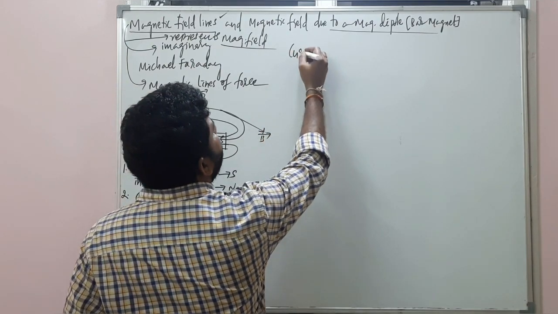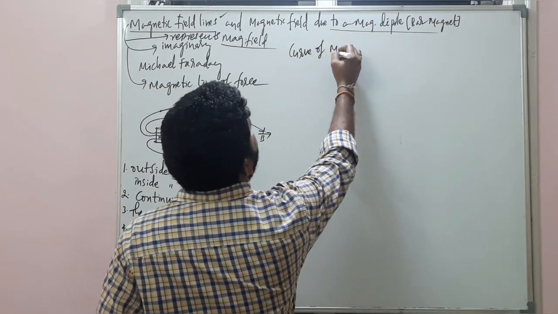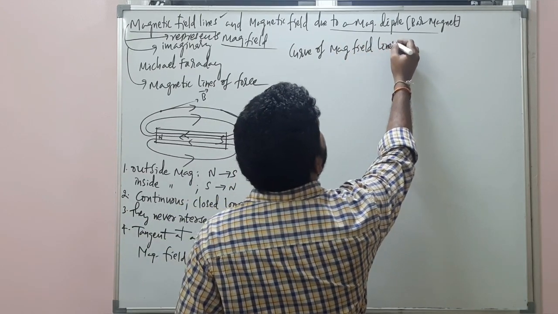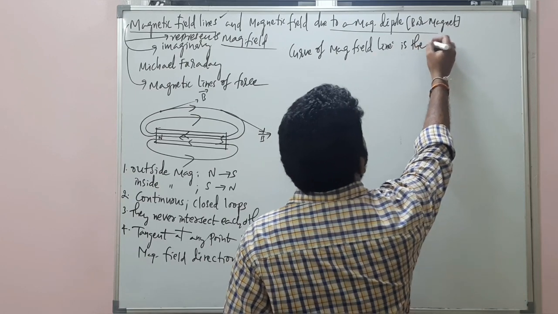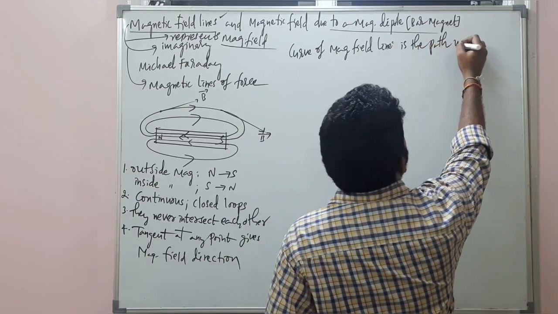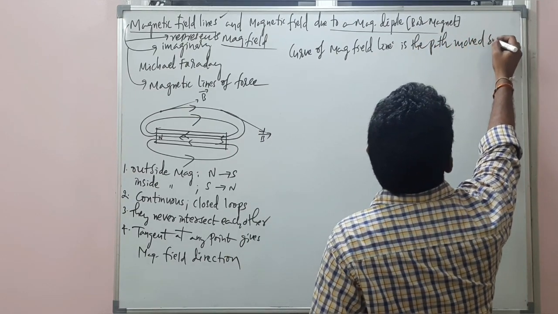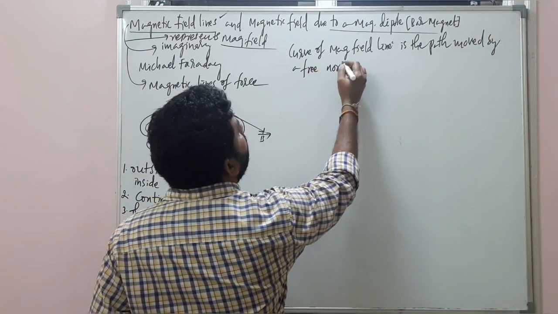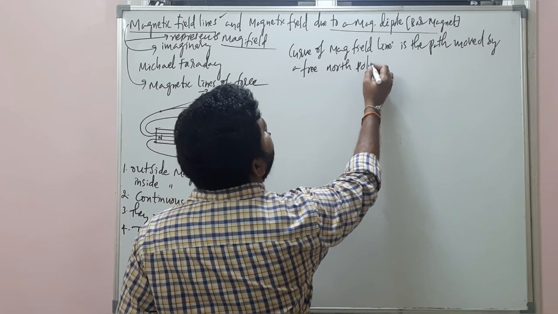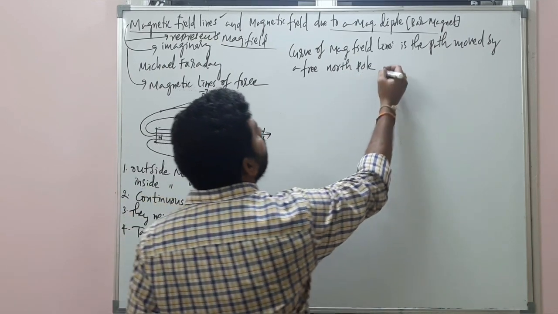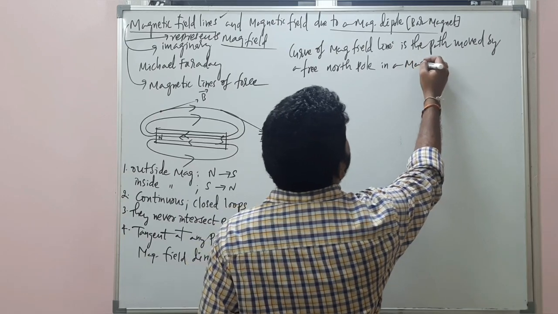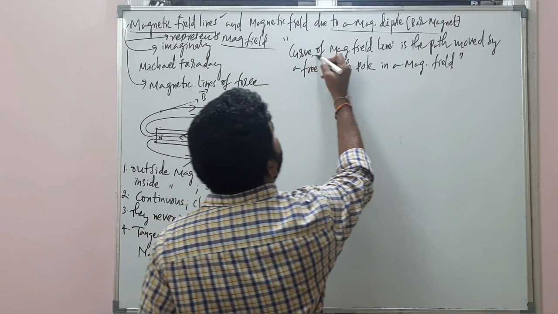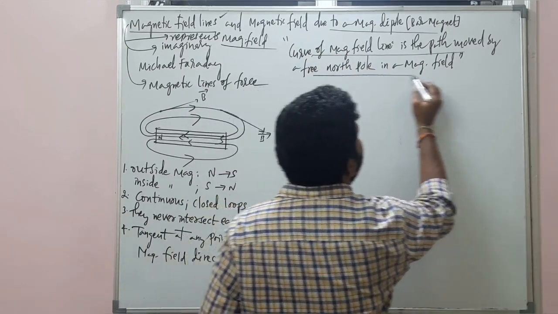The curve of the magnetic field line is the path moved by a free north pole in a magnetic field. This is the most important part of this particular field lines concept.